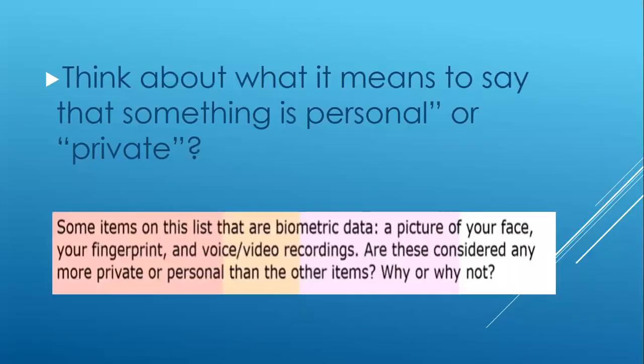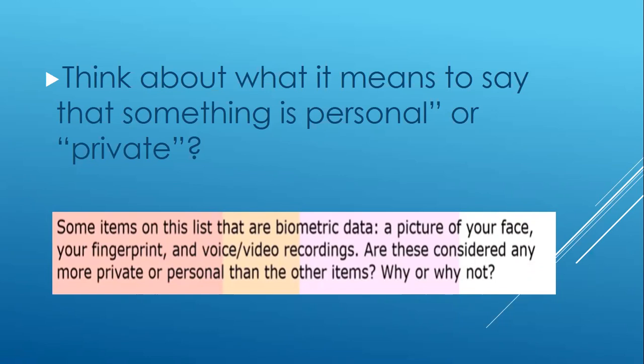Okay, now think about what it means to say that something is personal or private. Some items on this list are biometric data. Do you know the meaning of biometric data? Biometric data is information about your biometrics, like a picture of your face, your fingerprint, your voice, or video recordings.